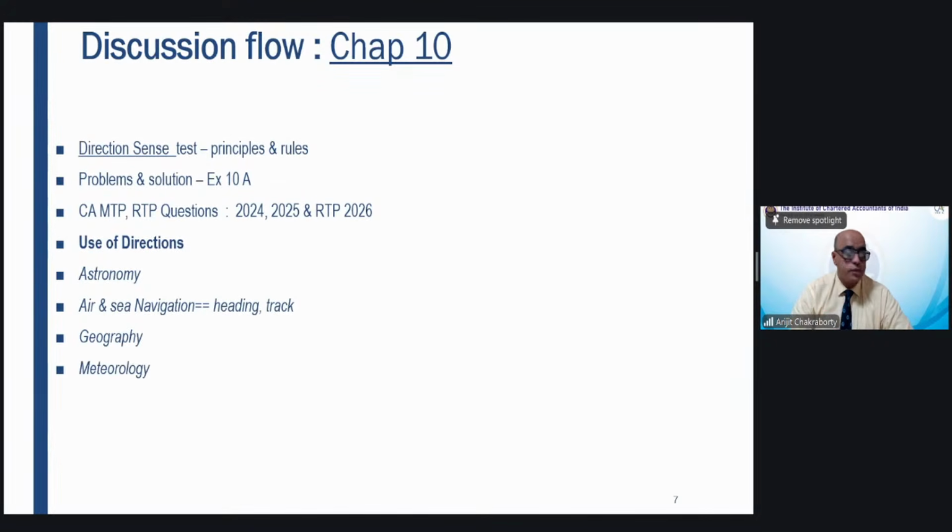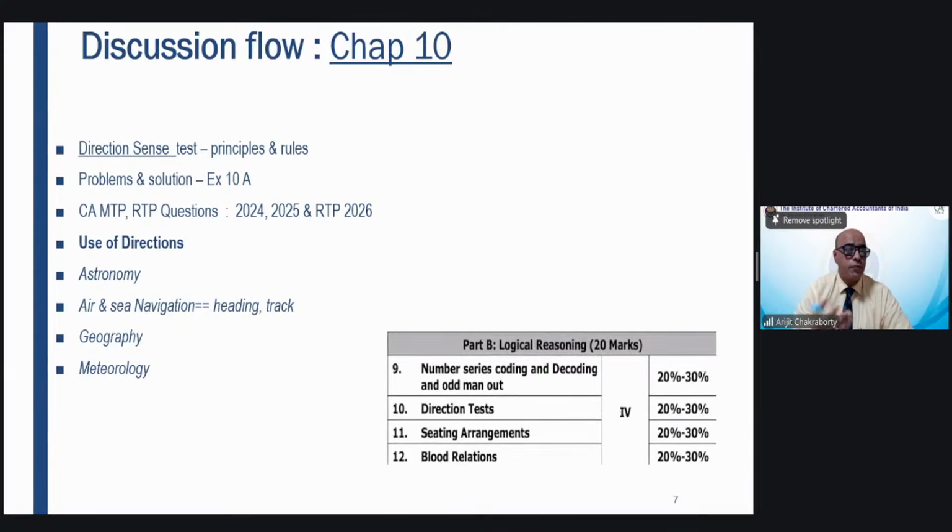Then geography, yes. Meteorology, wind comes from different directions. So you know southwest monsoon, that means the monsoon comes principally from the southwest, right? And of course, this is direction test, 20 to 30% of the questions, that is the weightage.